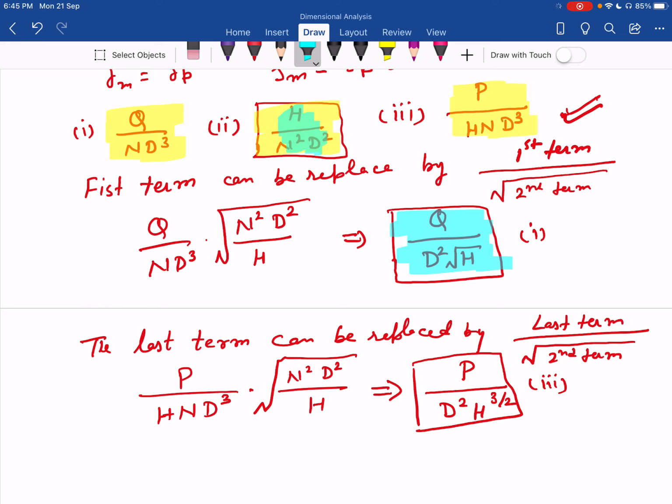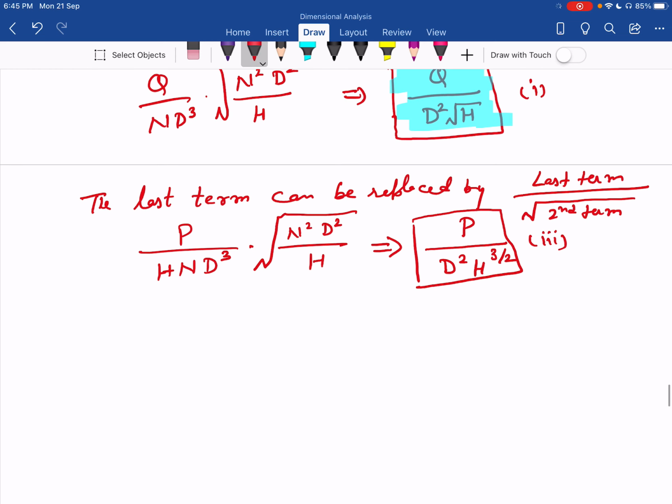So term 2 is common in both the sets. Now there is one more term. Another important term in hydraulic machines, that is in case of turbines and pumps, is known as specific speed.